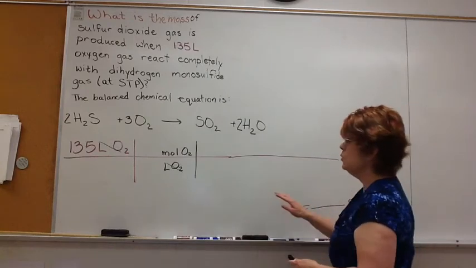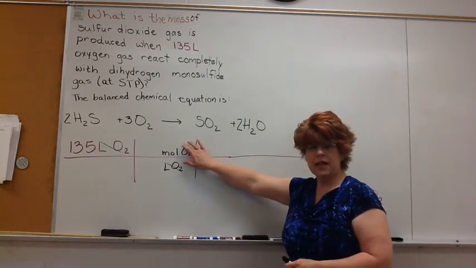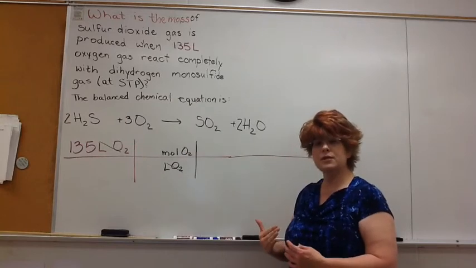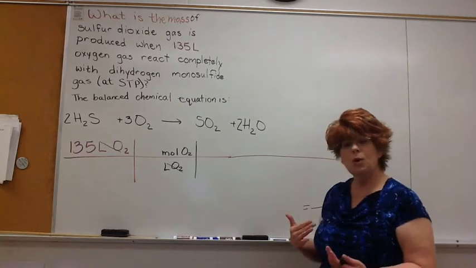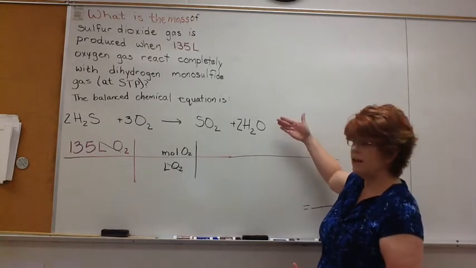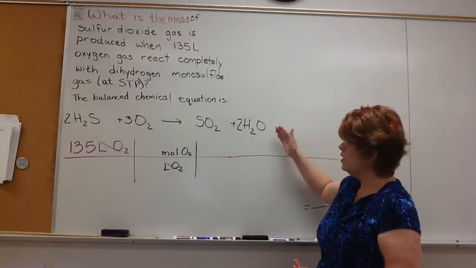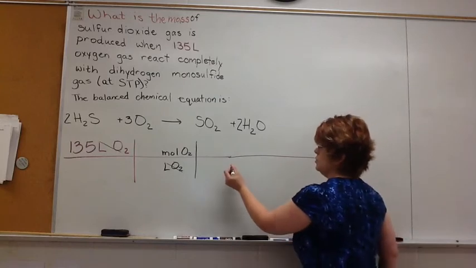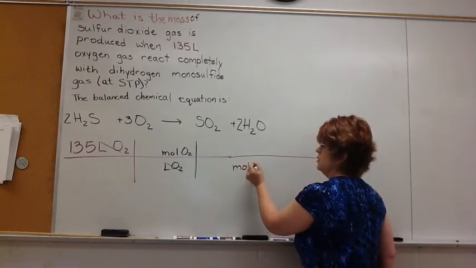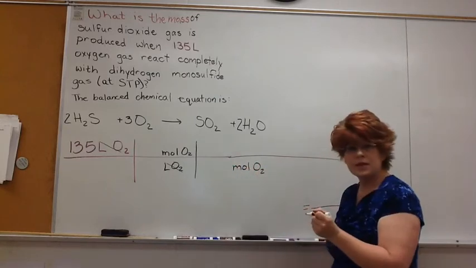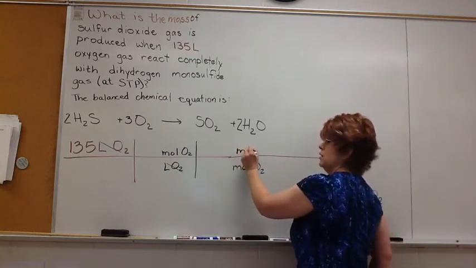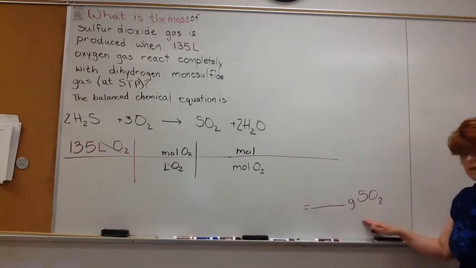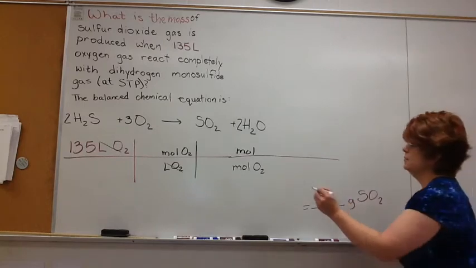Now, what am I going to do with moles of oxygen gas? Anytime you're in moles of a substance, you can switch to moles of another substance using a mole ratio from your balanced chemical equation. So I can put moles of O2 in the bottom of this conversion factor, and I can go to moles of the substance that I'm converting to, sulfur dioxide.